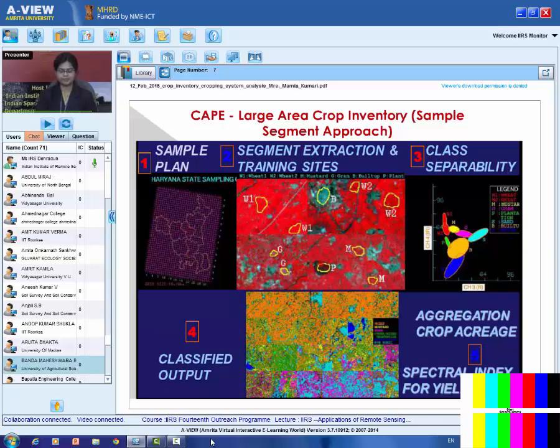Second, it varies from interpreter to interpreter. And third, it can't utilize all the spectral information. Like in LISS-3, 4 bands are there, but in visual interpretation we can use only 3 bands of information as FCC. Basically, tone, texture, all the visual interpretation tools are used, and interpretation legends are formed.